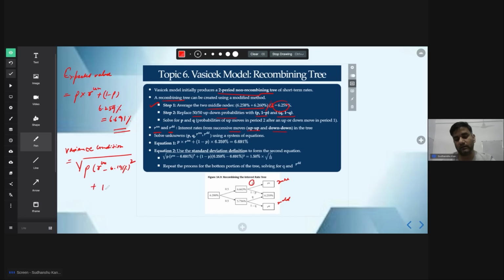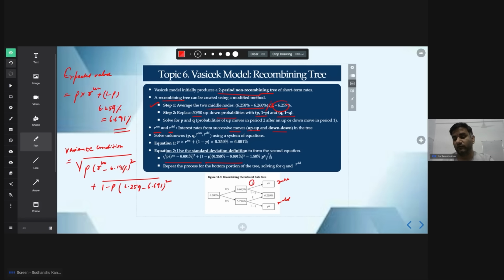Then you take 1 minus P, same thing, (6.259 minus 6.691) squared, and there is a whole square root over it. So you can see the equation here, even if the formula doesn't make sense yet.